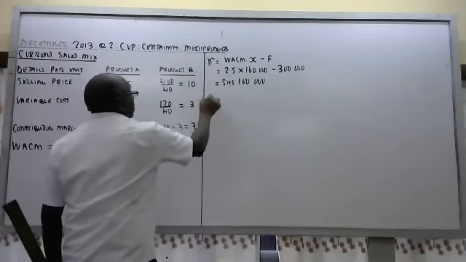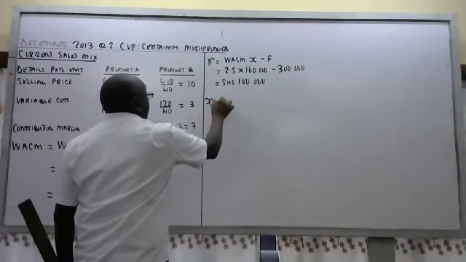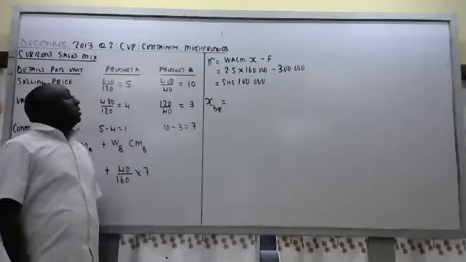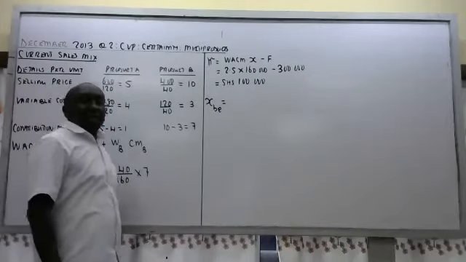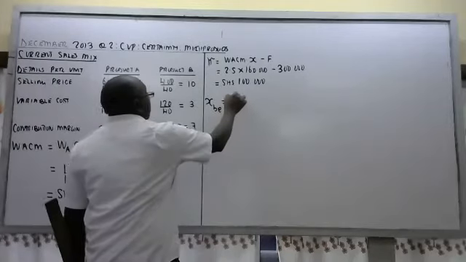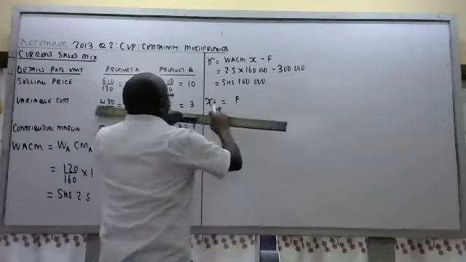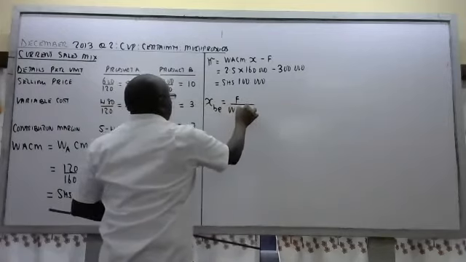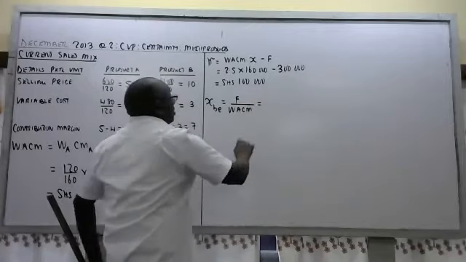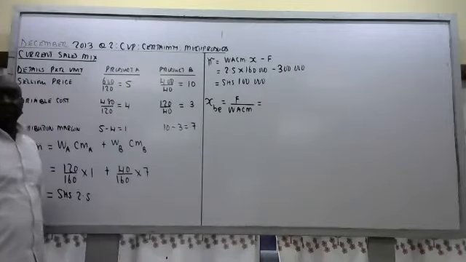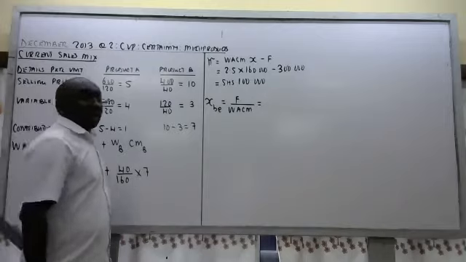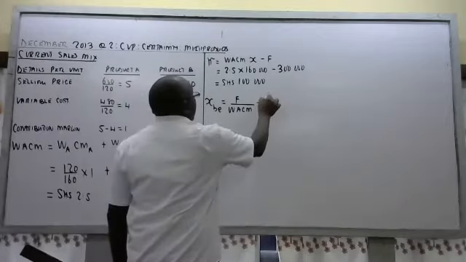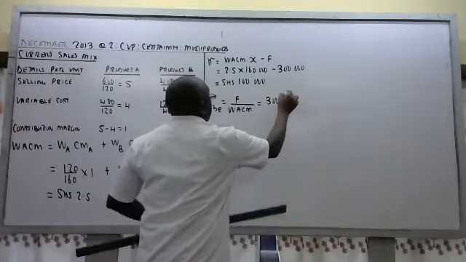If you are told to get the break-even point, XBE, it is F divided by WACM. Now this one will be 300,000.